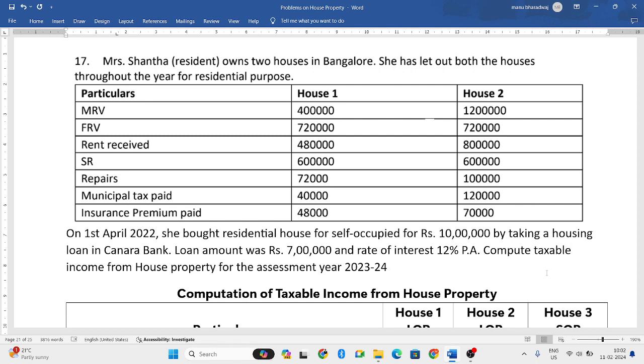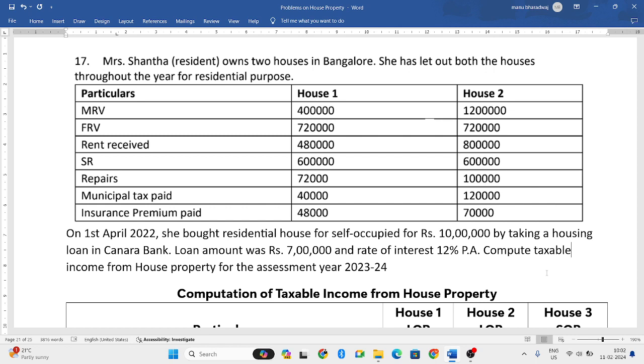They have given certain details: MRV, FRV, rent received, and SR, which is standard rent. Repairs have to be ignored, municipal tax paid is to be considered, and insurance premium paid has to be ignored.